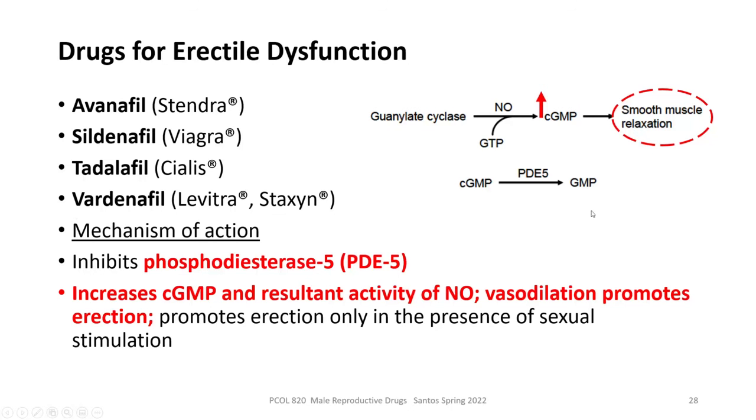As we see here on the right-hand side, what it does is transform cyclic GMP into GMP, inactive. By increasing the levels of cyclic GMP, it promotes smooth muscle relaxation, and that promotes vasodilation, and that promotes erection.